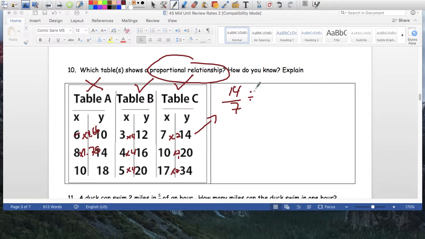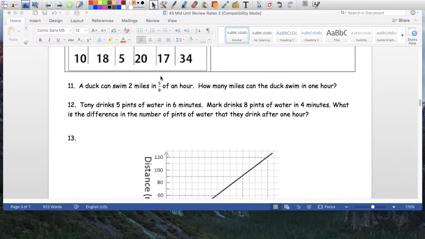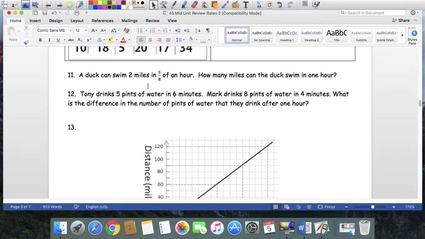11. Un duck se dice pato. A duck can swim 2 miles in 5/8 of an hour. How many miles can the duck swim in 1 hour? So in 1 hour, una hora, 2 miles, 5/8 of an hour, times 8 over 5, times 8 over 5, equals, aquí queda 1 hour, right?